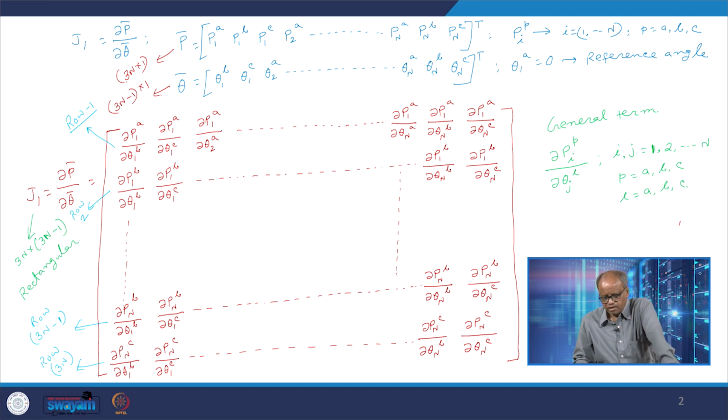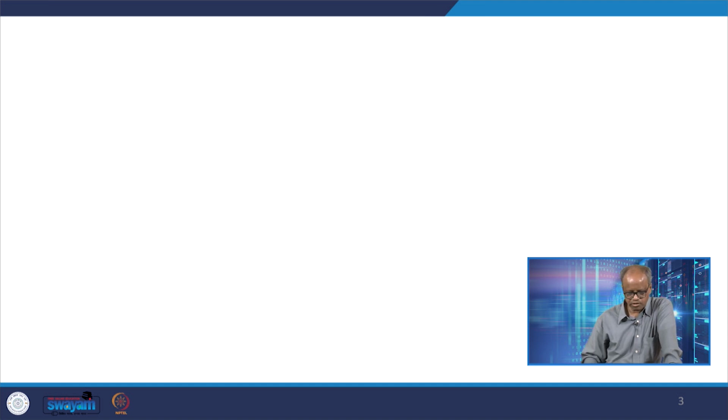Now we said that our general term is del PIP by del theta JL. To do that, we first have to write down the expression of PIP and then theta JL.